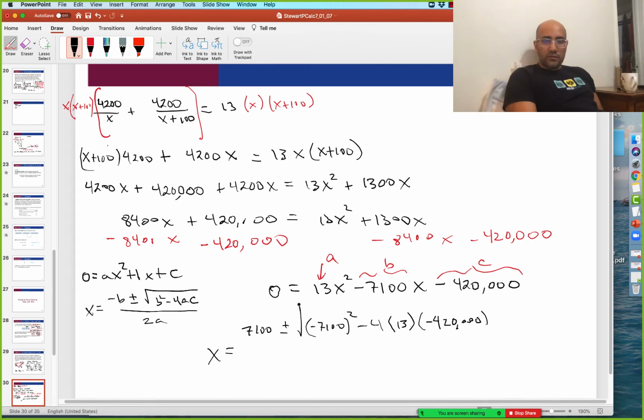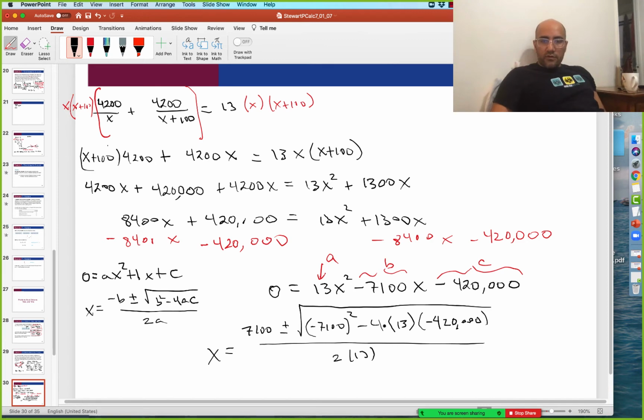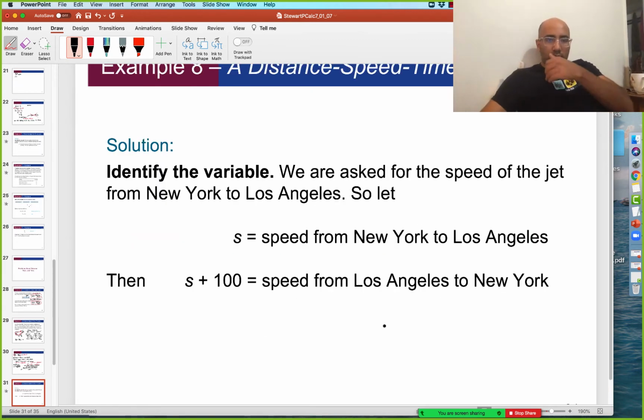All of that is in a giant square root, and all of that is divided by twice a, 2 times 13. Okay, well, all we have to do is get our calculator and start crunching some numbers.